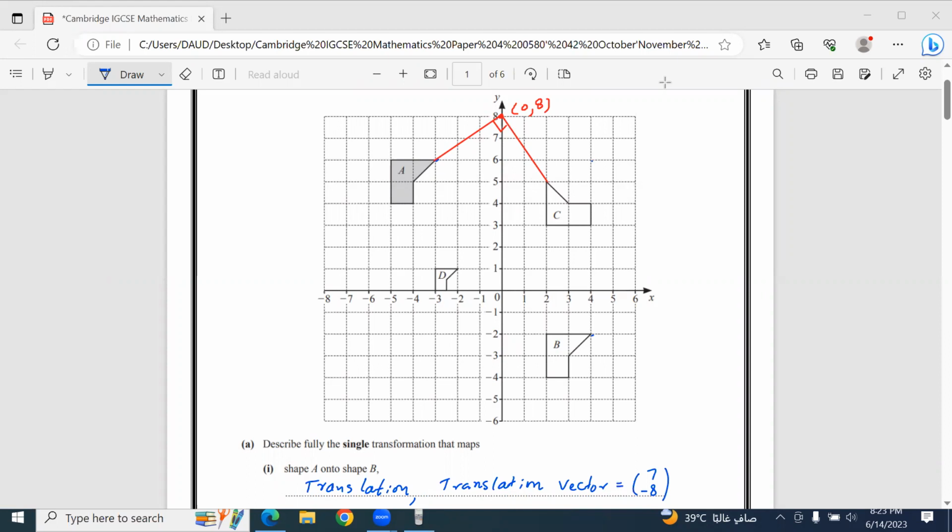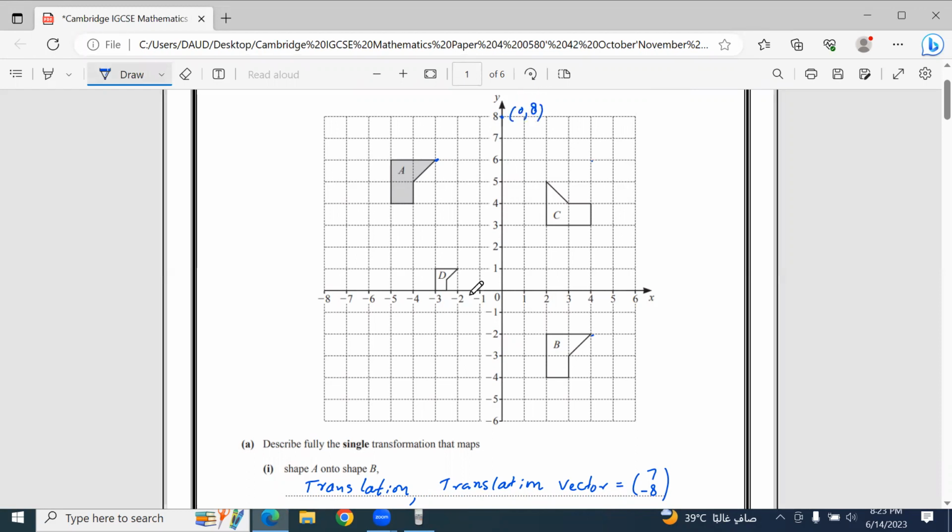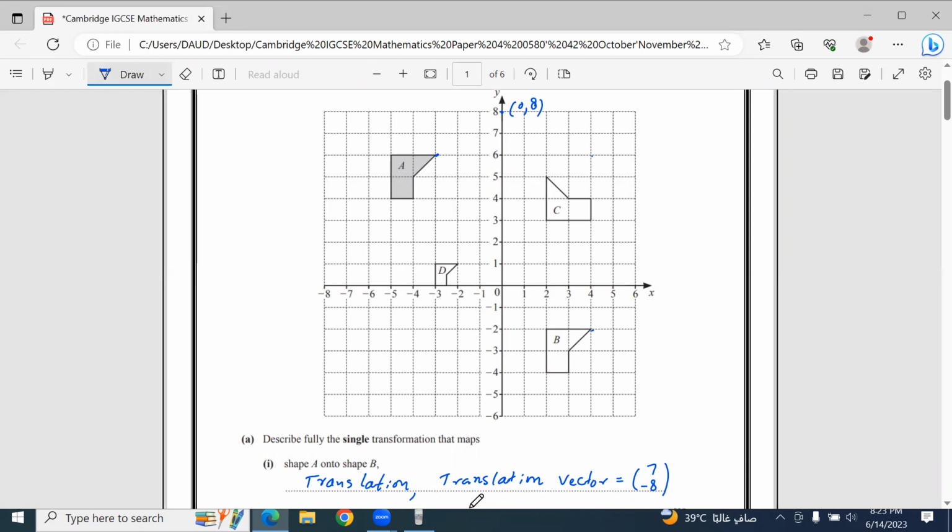You can clear the drawing. Here we can say this is our center of rotation, and the answer is here.